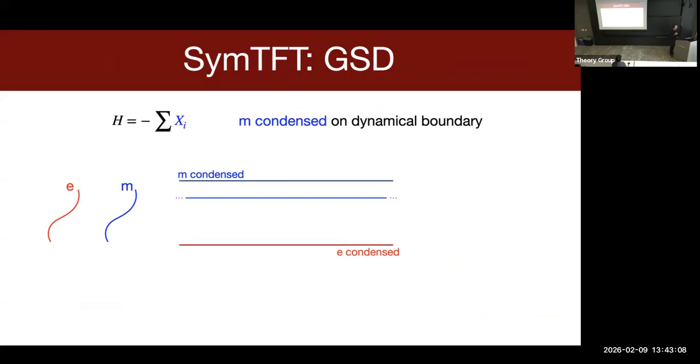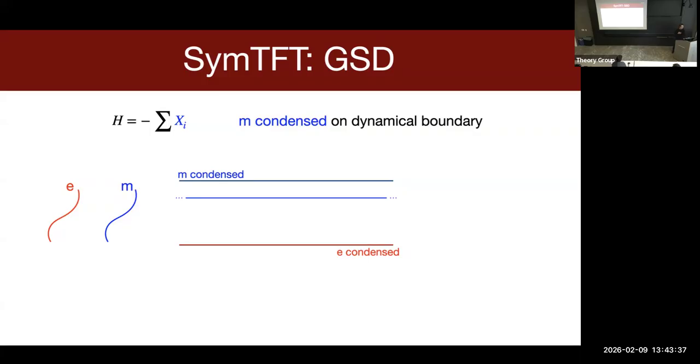Just as a quick review, the Z2 gauge theory can have two different kinds of gapped boundary conditions, one where E is condensed on the boundary and the other where M is condensed. We're fixing E to be condensed on the bottom boundary. And so the top boundary, which is the dynamical boundary, I'll be varying as I wish. So in this case, for this paramagnet Hamiltonian, all I'm doing is condensing M at the top boundary.